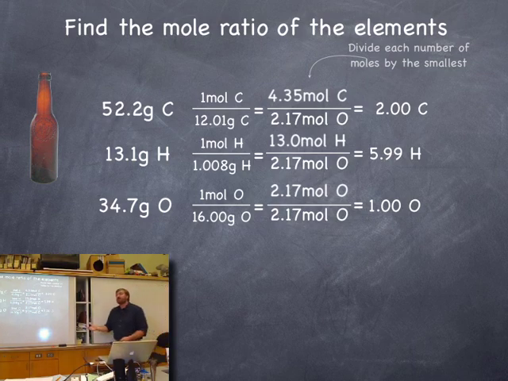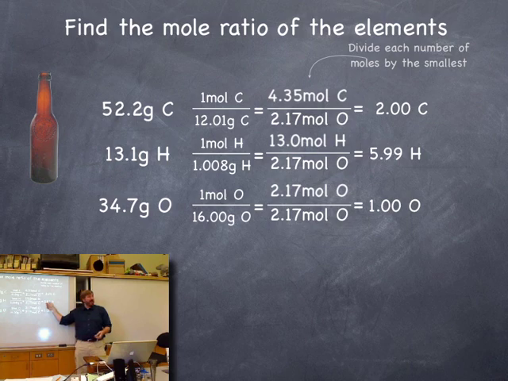Okay? But if this number came out to be 5.5, I can't round that off. When I get a number like 5.5 or maybe 5.33, that's an indication that my ratio is not a 1 to some number ratio.